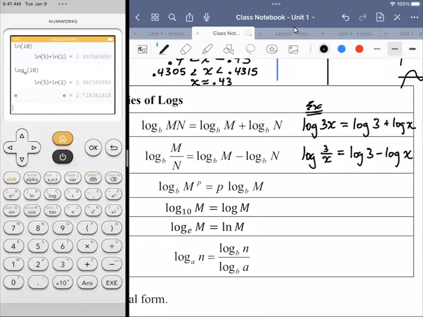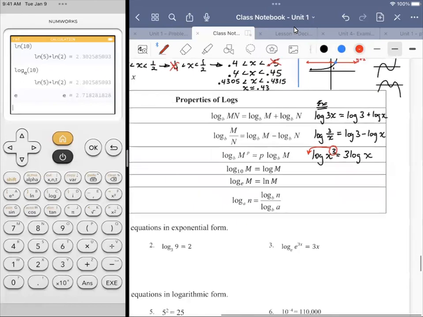So if I have something like log of x to the third, that would become 3 log x. So basically, I'm taking that exponent and jumping right over that log. If you know those properties, which really isn't a whole heck of a lot, then you could do a lot with logarithms.